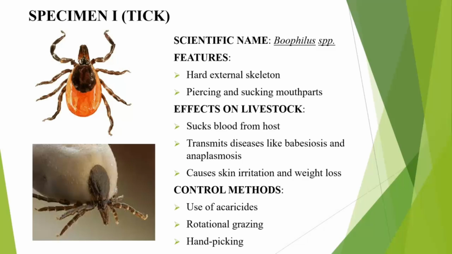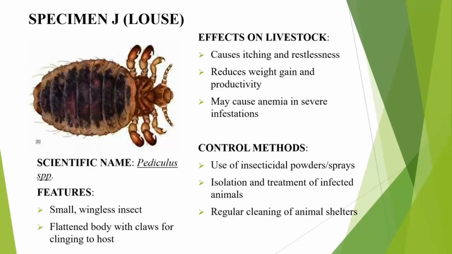If they keep feeding on a particular farm, there's a high tendency that they could get this specimen. Then handpick them, though it might not be really effective, but it is an answer in your examination. So in handpicking, you remove this tick from the body of the farm animals.